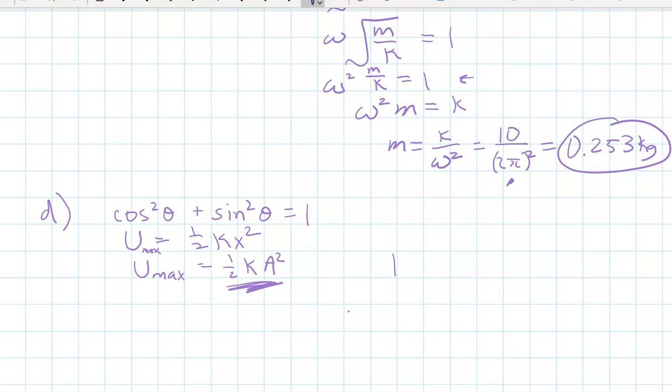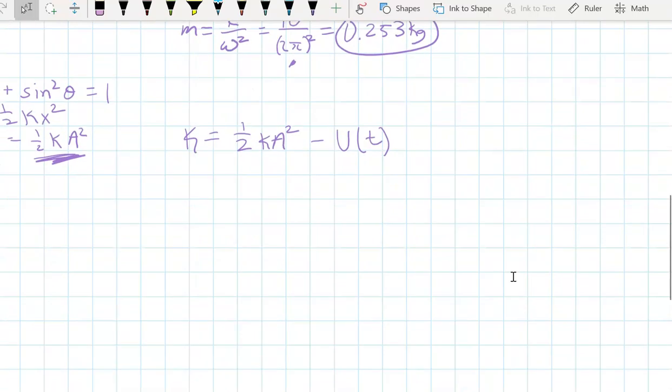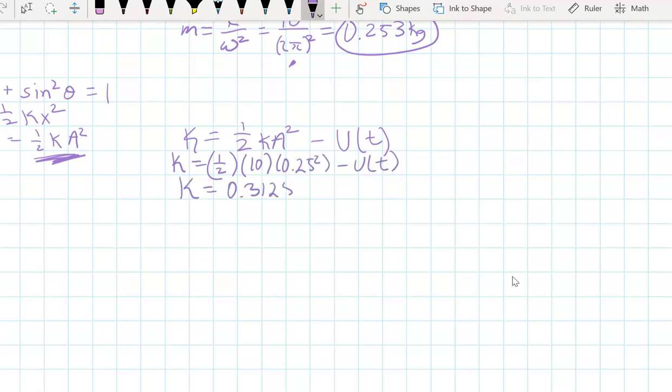So the kinetic energy is going to equal the maximum energy that the system can have minus the potential energy at that time. So let's find 1/2 Ka squared. And it's 0.3125, which makes sense because that's the maximum the potential energy can be.